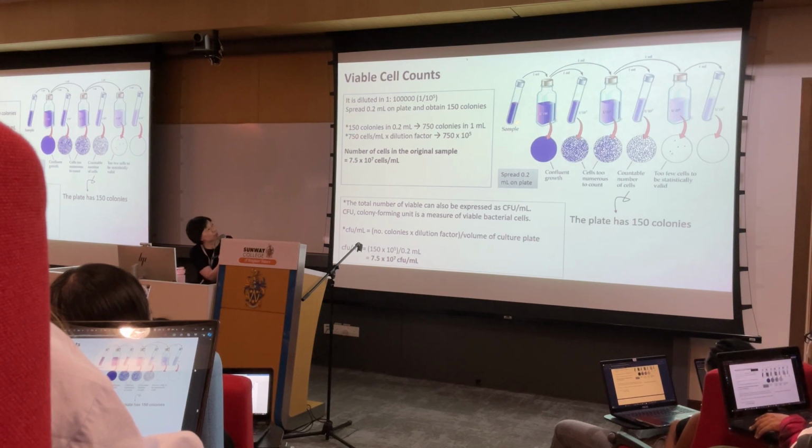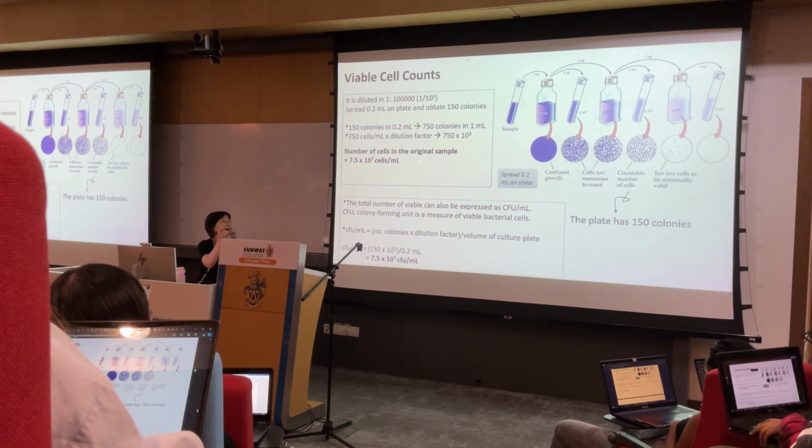So if you want to track back what is the number, we need to multiply with the dilution factor, which is 10 to the 5. So 750 times 10 to the 5, and you will get 7.5 times 10 to the 7 cells per mil. That is the number of cells in your original sample. As simple as that. This is how you perform the calculations.